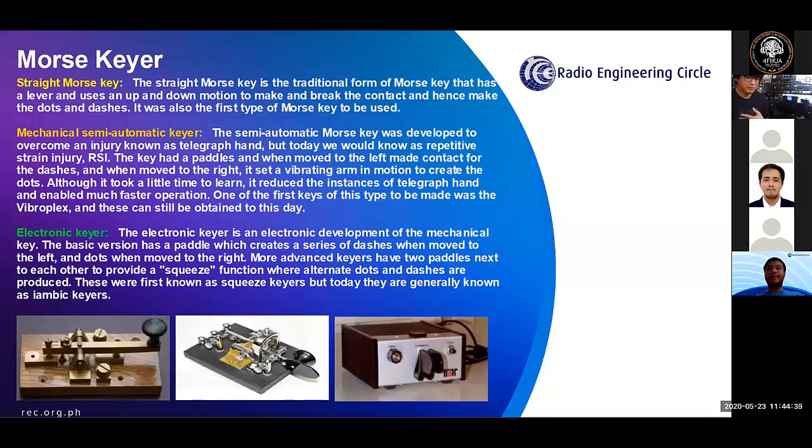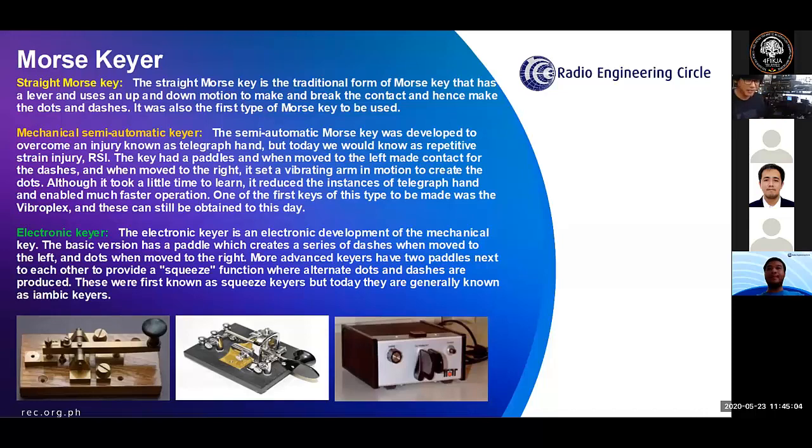Because of lots of incidents that have been happening, yung nagkaka-problem sila dito kasi masakit pagka masyado matagal mag-send ng code. So they invented the one in the picture, the bug.